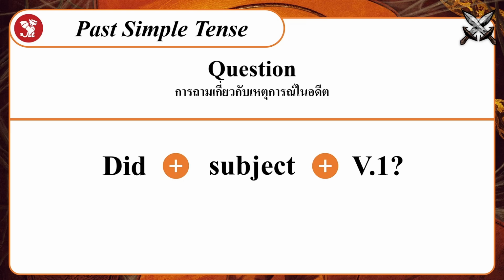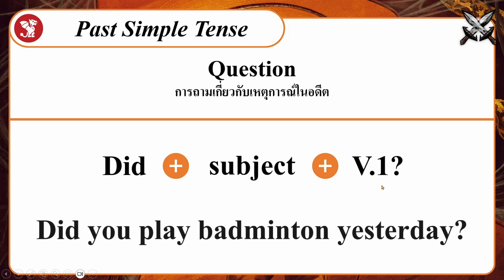Question form of past simple tense. This is the structure of the past simple tense question form. We start with did plus subject, followed by verb one or the infinitive verb. For example, did you play badminton yesterday?